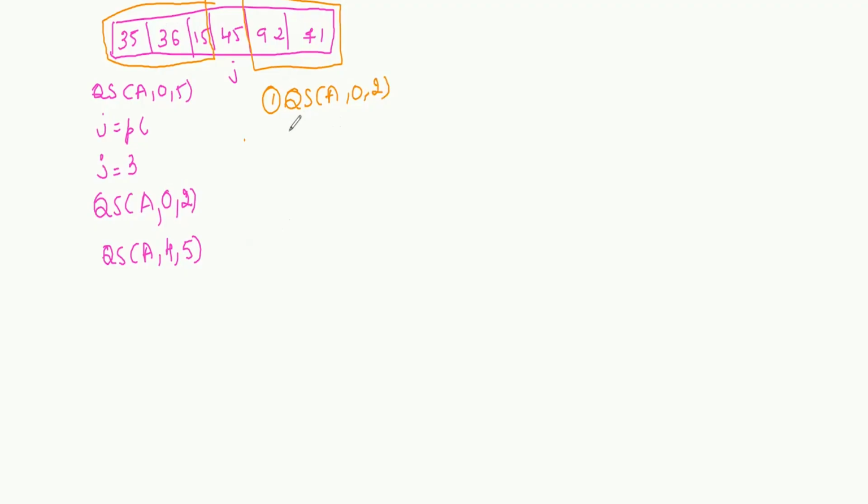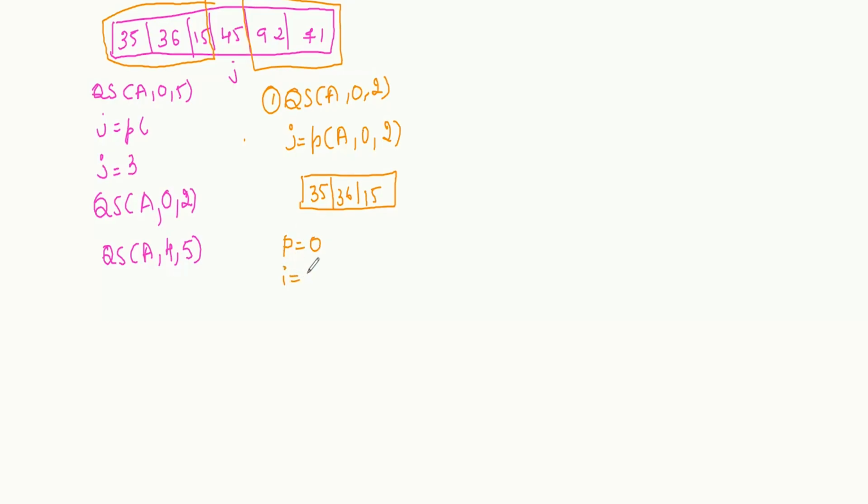Once I call this quicksort, what is going to happen? I'm going to say that j is equal to partition of A comma 0 comma 2. Let us have a look at that particular array alone. This is 35, 36, and 15. Now I know that I'm going to take the pivot value as the low value, which is 0.